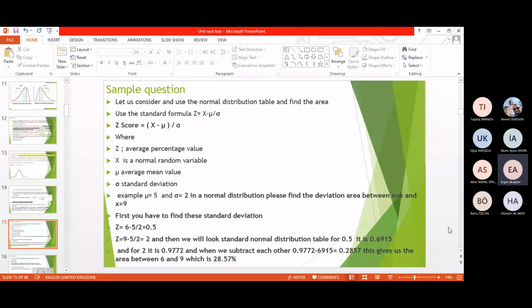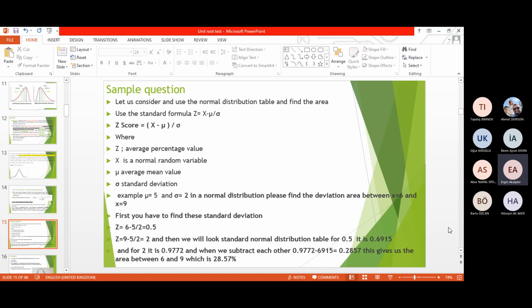Let us use the normal distribution table and find the area, which I'm going to give you in the following slides.